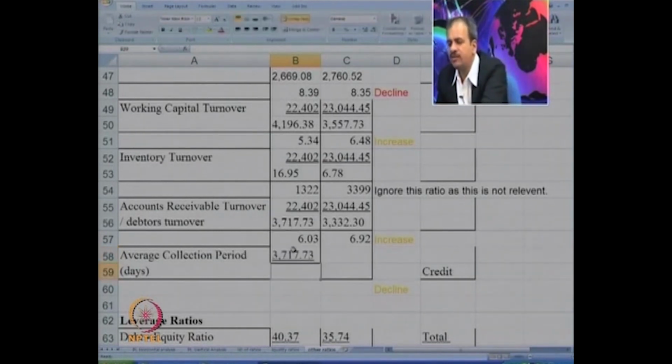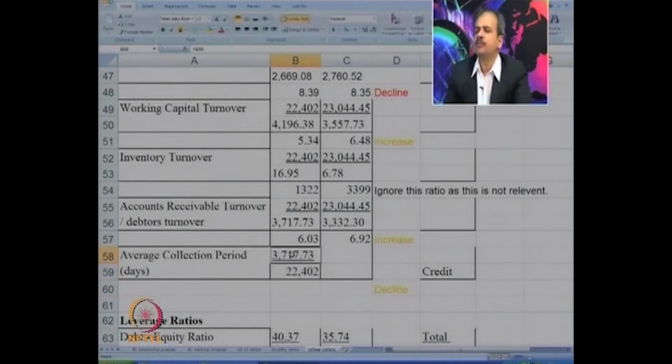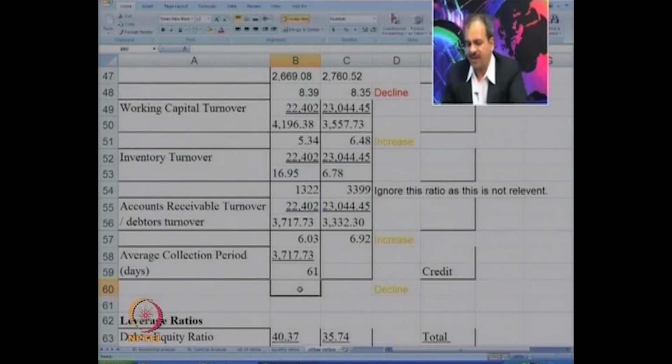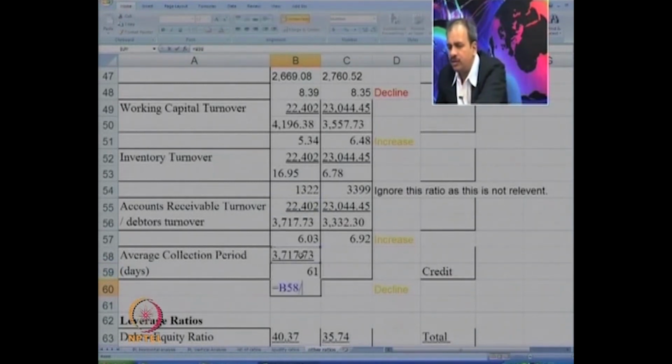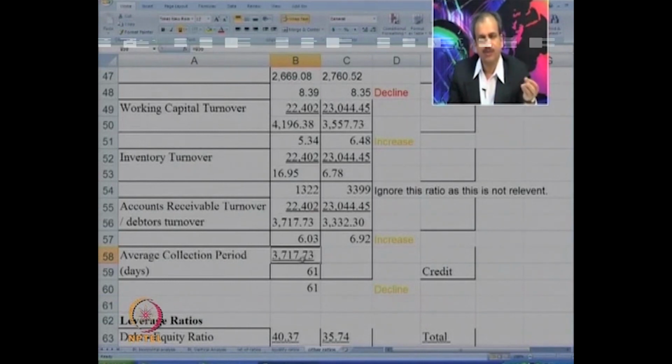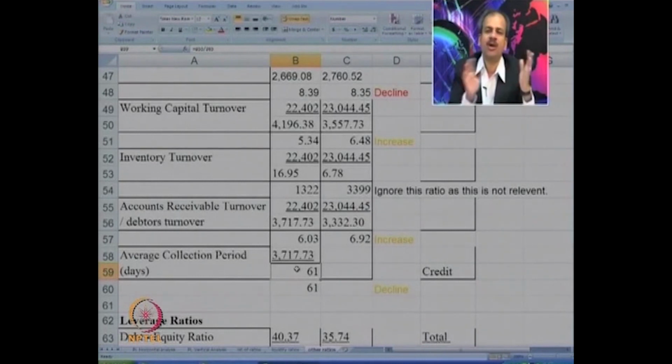So, this is the figure of debtors. We will divide it by sales, but we will not just take sales, we will take sales upon 365, so that we get daily sales.